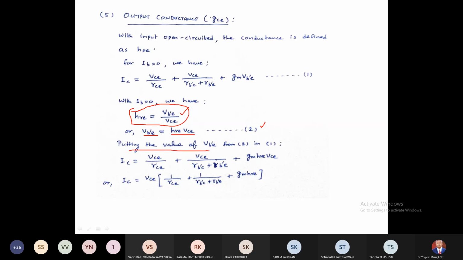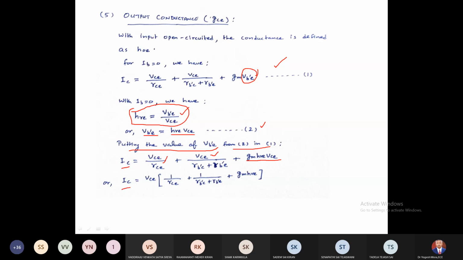Now putting the value of VB'E from 2 in 1, I will replace it. So what I will get, IC is equal to VCE by RCE. It is same, this is also same, and here I have written GM HRE VCE.